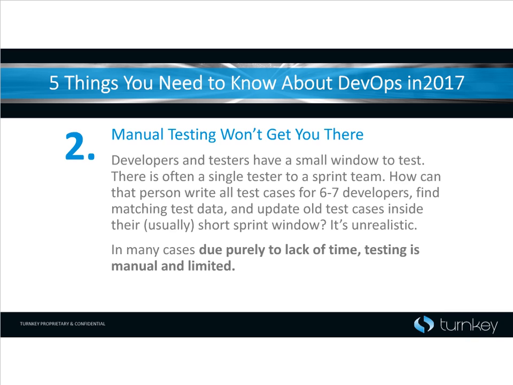The second thing is that manual testing just doesn't get you there. Of course, developers and testers have a reasonably small window to test in. And most commonly, there's a single tester assigned to a given sprint team. And finding a way for that individual to write all the relevant test cases, provision the test data, and update old test cases in a short window is clearly unrealistic.